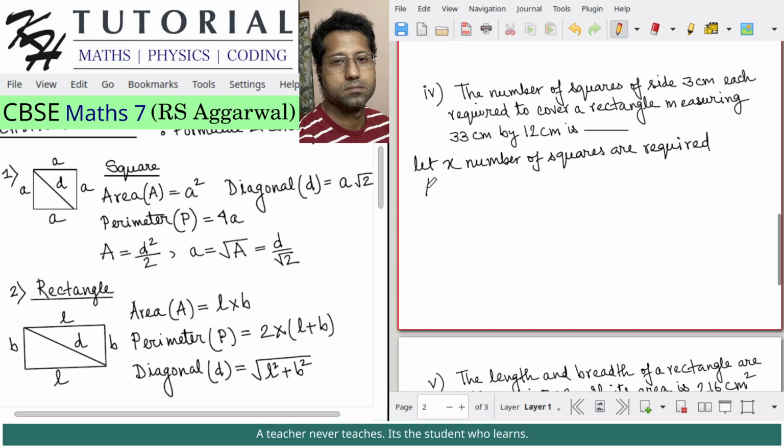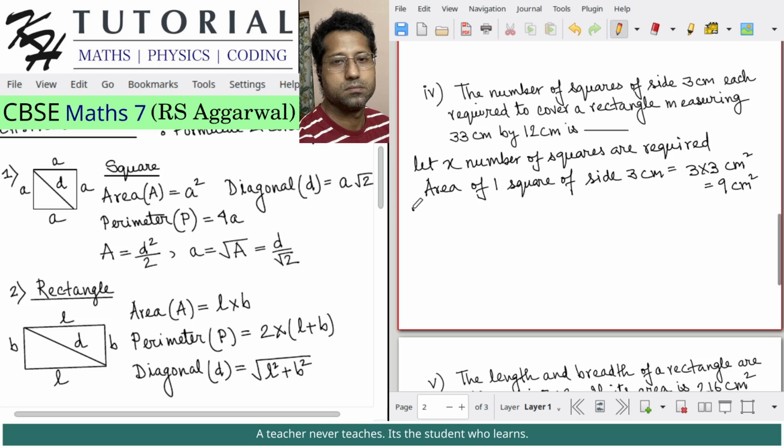Okay, so area of one square of side 3 centimeter is equal to 3 into 3 centimeter square, which is equal to 9 centimeter square.